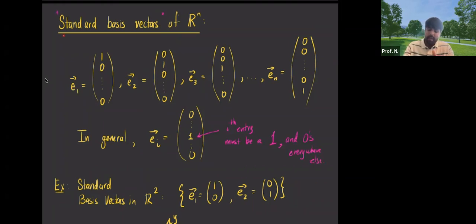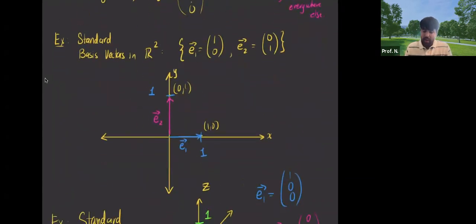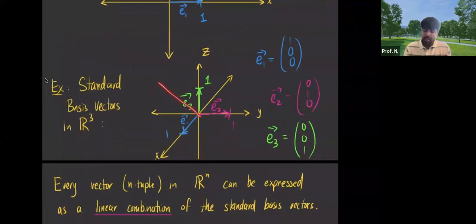You can think of the standard basis vectors as the simplest building blocks of your n-dimensional space. So in R2, what are the building blocks for every other vector? It's the vectors 1, 0 and 0, 1. Give me any vector, wherever it is in space, I can always write it as a linear combination of these two vectors. Give me any vector in 3-dimensional space.